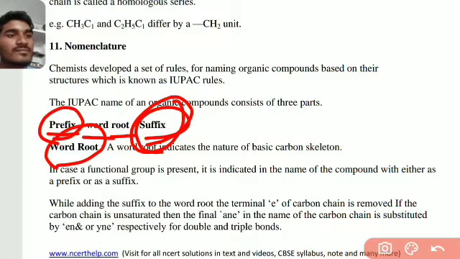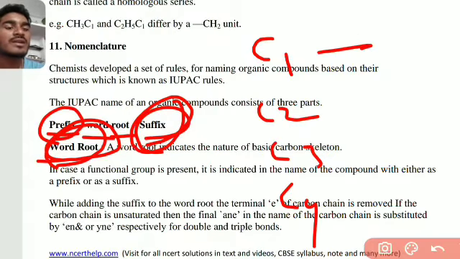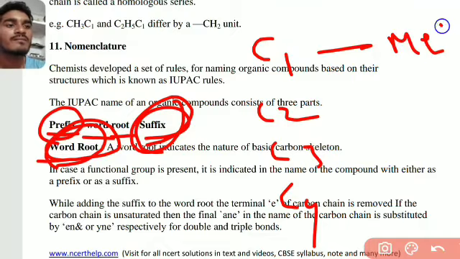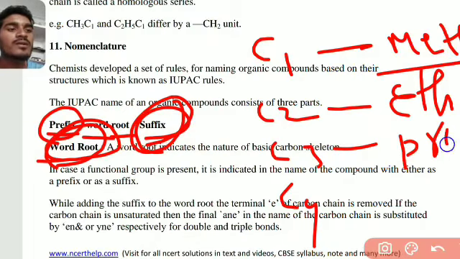These are basic needs of every student. I will tell you now. Word root means the carbons present in the molecule. For example, C1, C2, C3, C4. If it is C1, according to the rules, it is meth. If it is C2, it is called eth. If it is C3, prop.